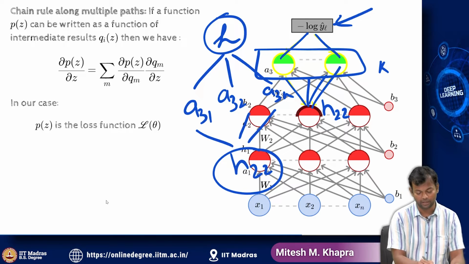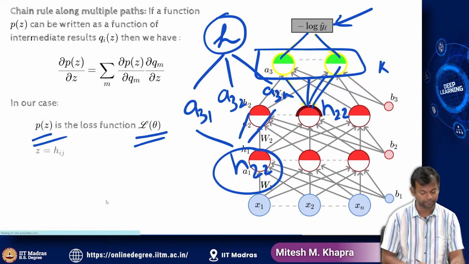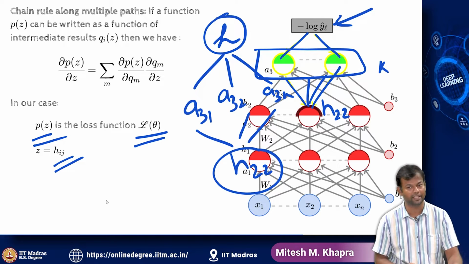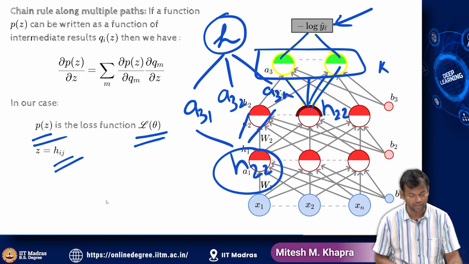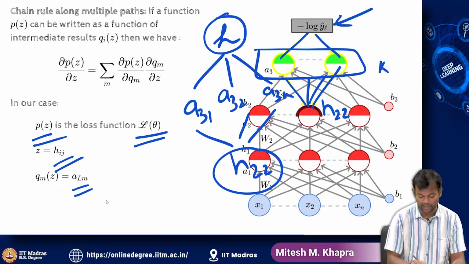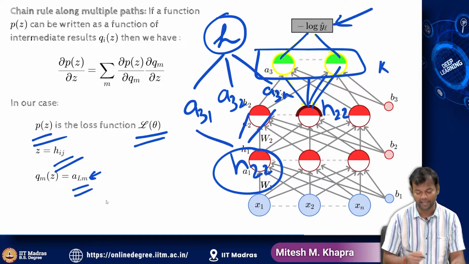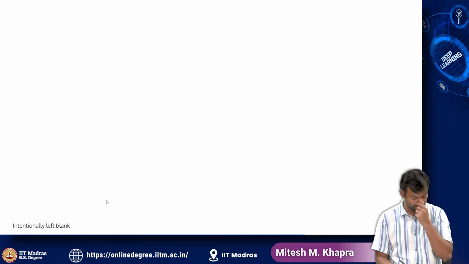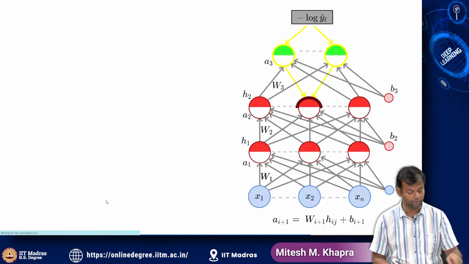So in my case, the p of z is the loss function. My z is equal to hij. I took a specific h22, but it's in general hij. And my intermediate outputs are these aLm, so aL1, aL2, aL3 and so on, those were my intermediate outputs. So with that, let's try to see how to find the derivative.